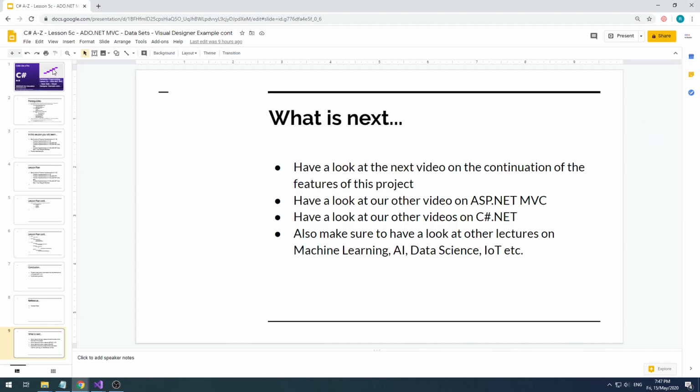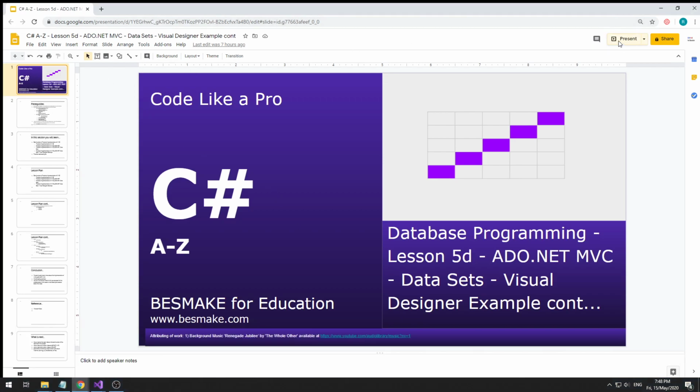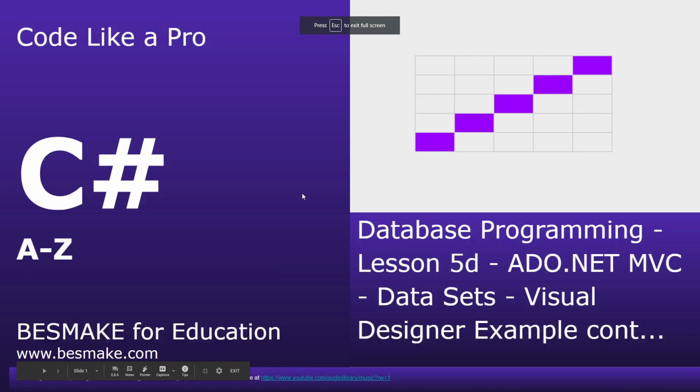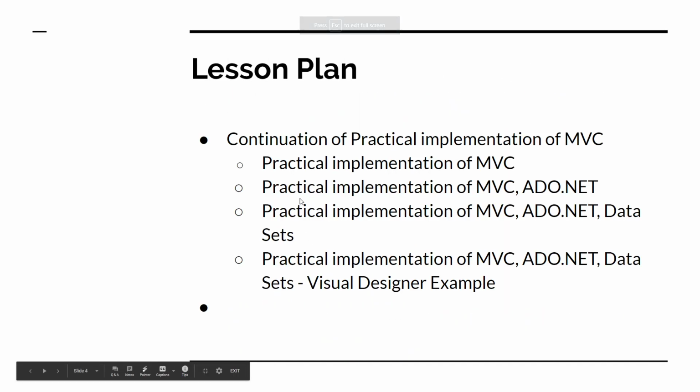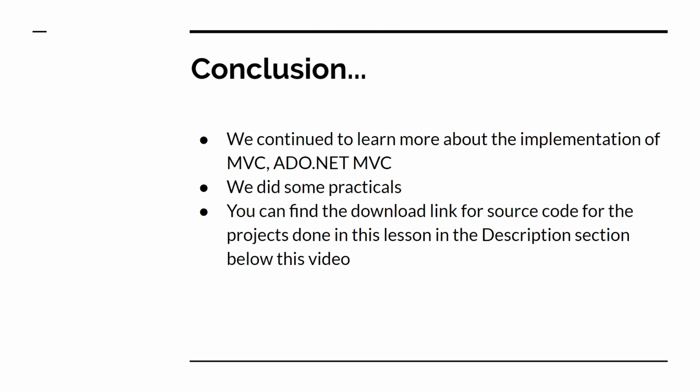So let's look at this, right? Awesome, my friends, you are moving forward a lot. So we saw this lesson plan conclusion, right? We continued to learn further about ADO.NET, and we implemented a lot of CRUD operations.